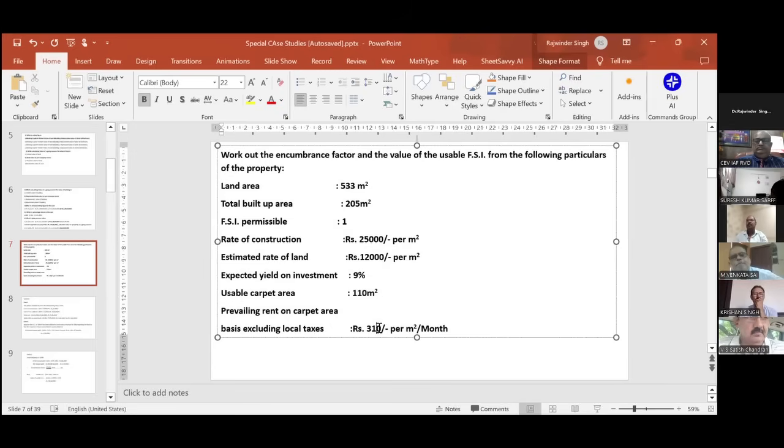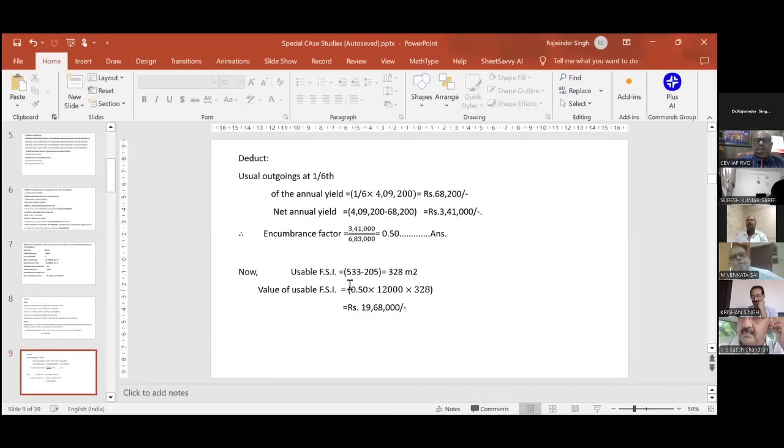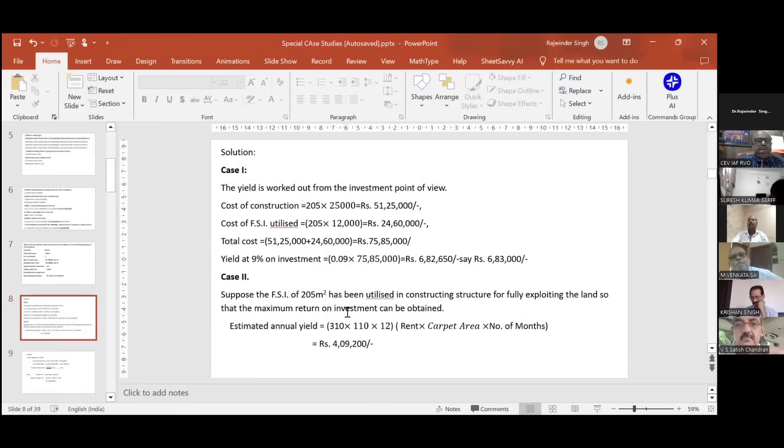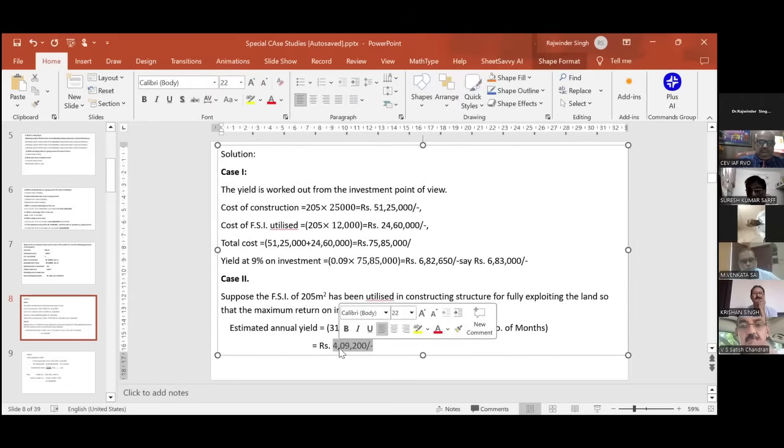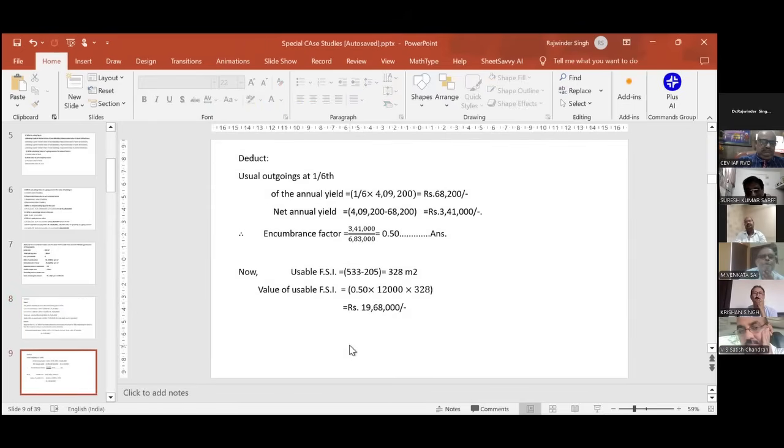And rent is 310. So you multiply 310 into 110 into 12, rent into carpet area into number of months. This is the estimated annual yield from the rental point of view. And of course, if it is given on rent, there will be certain outgoings.